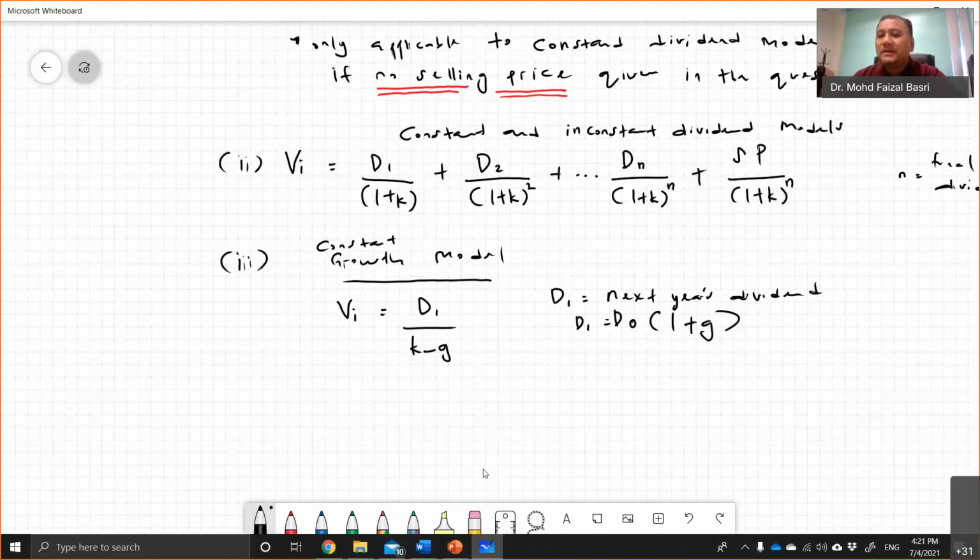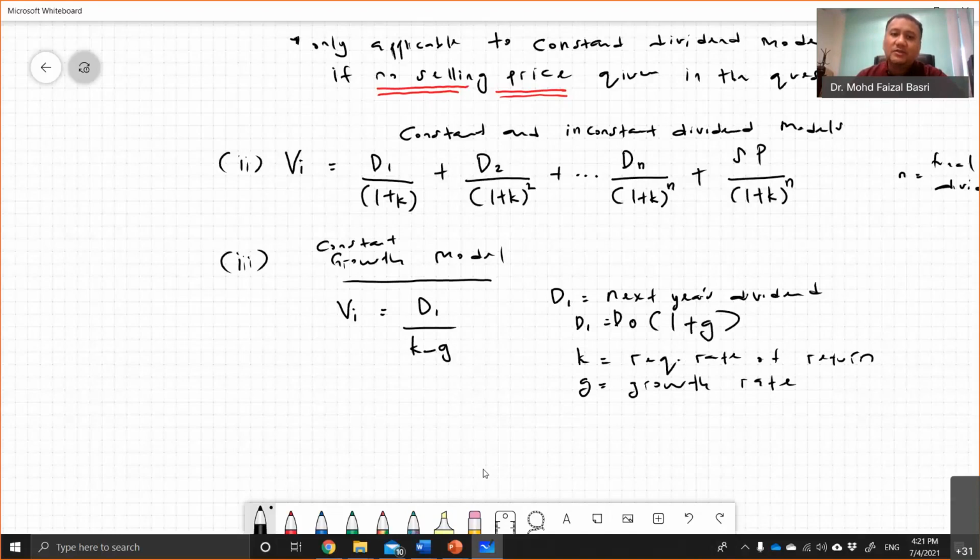So what does G mean? Before I tell you G, we also have K, which is the required rate of return. And G is the growth rate. So to find D1, we might have to use 1 plus G, 1 plus growth rate, multiplied with the current dividend.